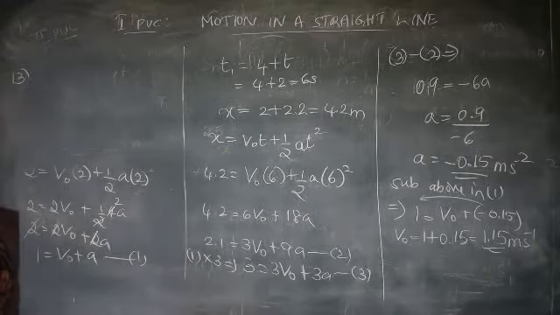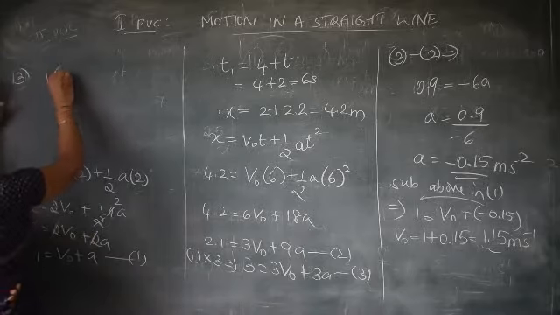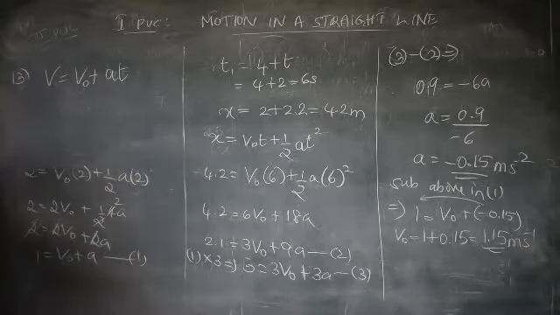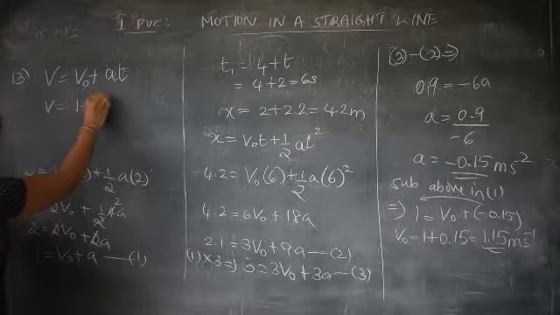What is asked? Here they have asked what is the velocity at the end of the 7th second. So, we know that V is equal to V0 plus AT. At the end of the 7th second it is asked, so time is 7 seconds. Initial velocity is how much? 1.15.